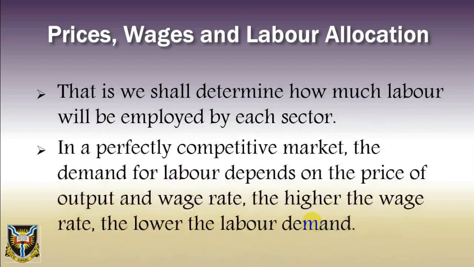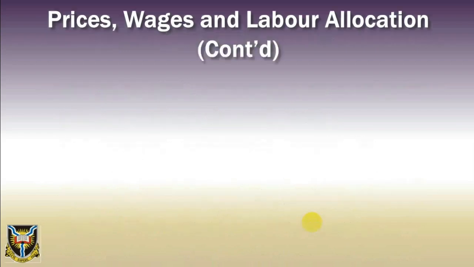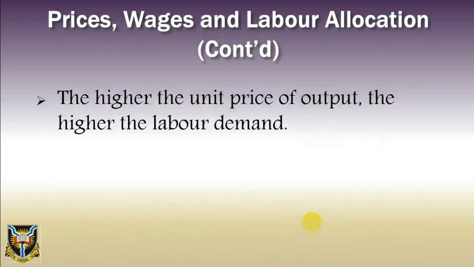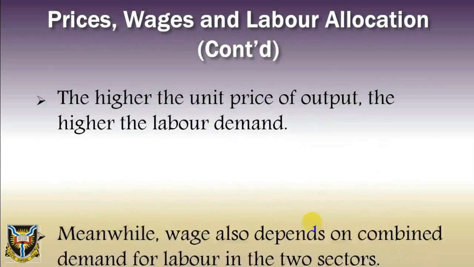In a perfectly competitive market, the demand for labor depends on the price of output and the wage rate. The higher the wage rate, the lower the labor demand. The higher the unit price of output, the higher the labor demand.